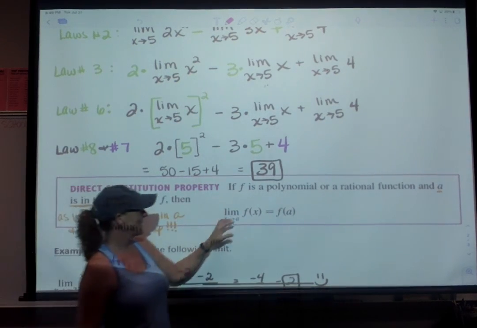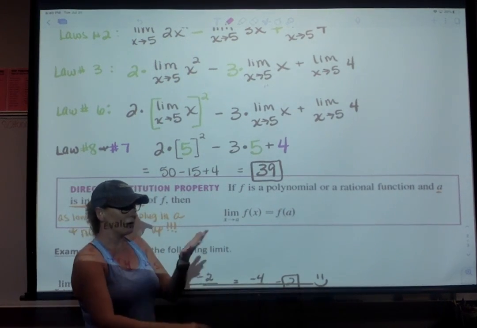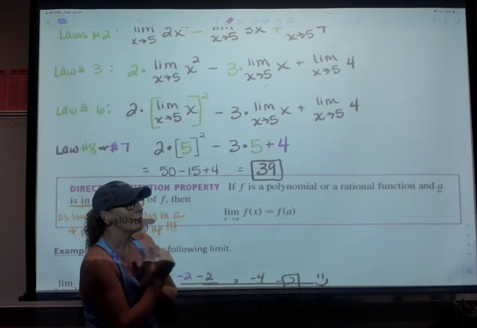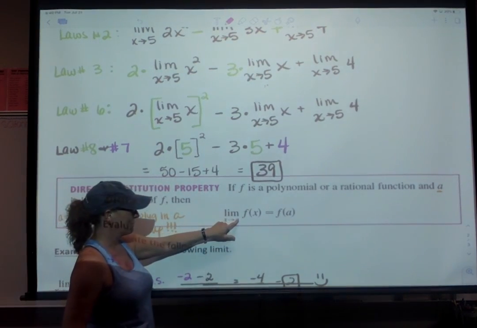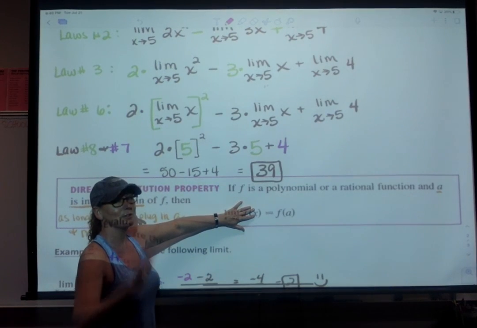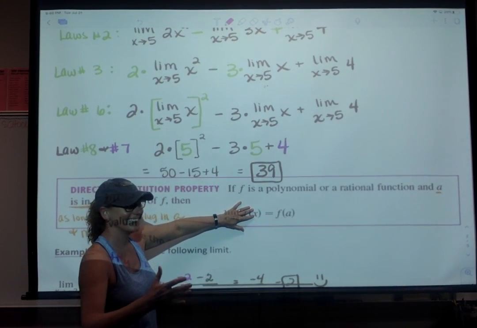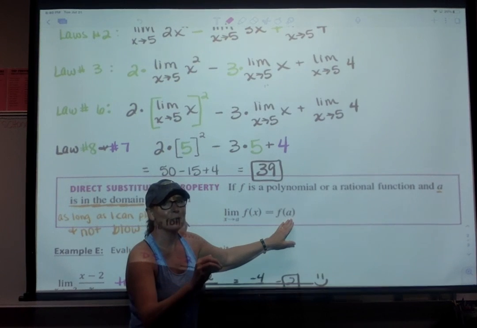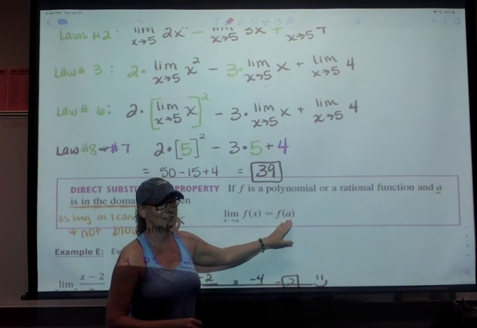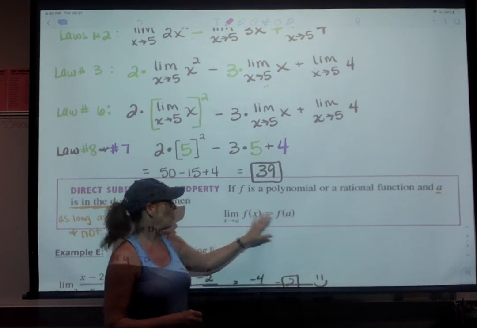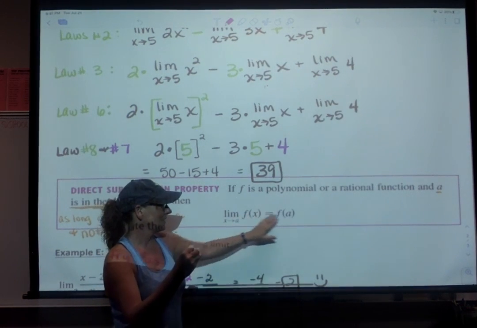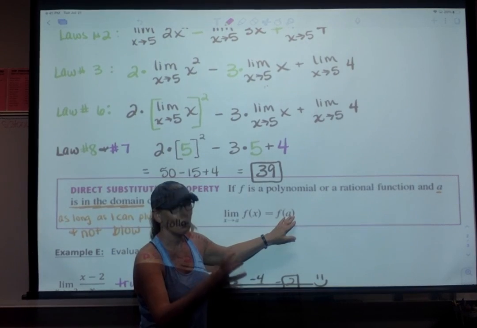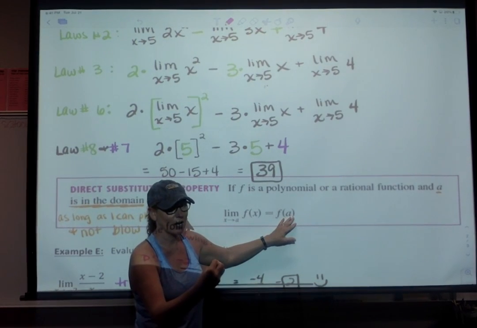And here's what it says. As long as you've got a polynomial or rational, and you're able to plug in this number, the answer to your limit is exactly what you get when you plug in the number. Where the y's are headed is exactly the y value when you plug in the number.